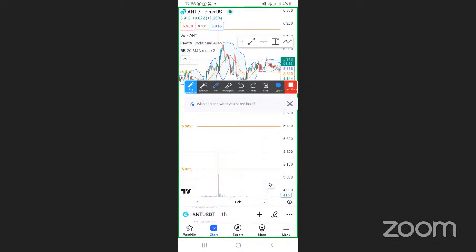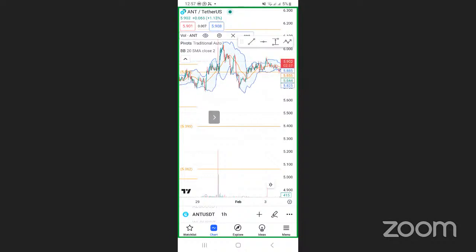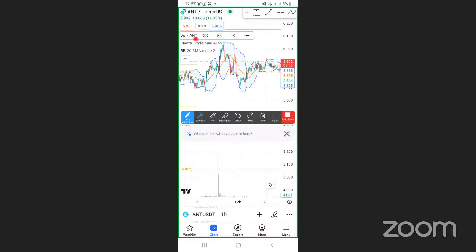It's an indicator. So if I want to remove it, I just click on it. This one, volume. So I click on it, just clicking on it. I think it will show me. If I click on it, it will give me these possibilities.